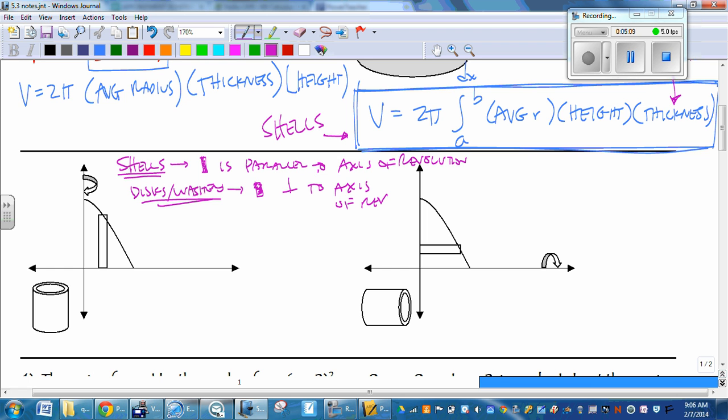So, an easy way to remember it: shell, parallel, they rhyme. And shell is going to be parallel to the axis of revolution.